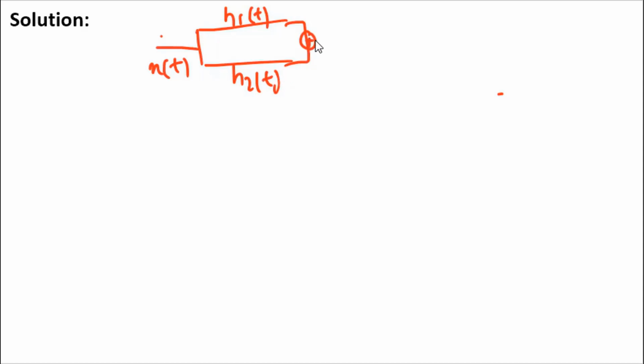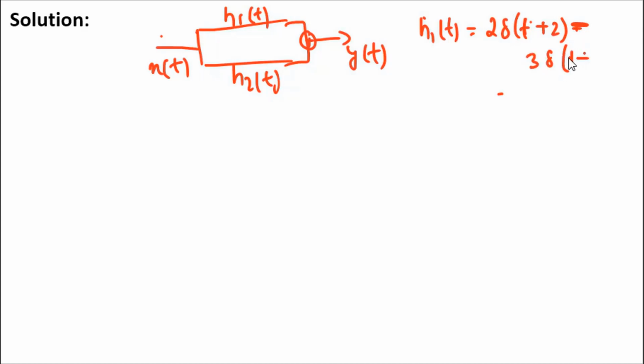So now coming to the question, you have given input x of t and these are your two cascaded impulse responses, one is h1 of t and second one is h2 of t, and your output is y of t. You are given h1 of t is equal to 2 delta of t plus 2 minus 3 delta of t plus 1, and h2 of t is given as delta of t minus 2.